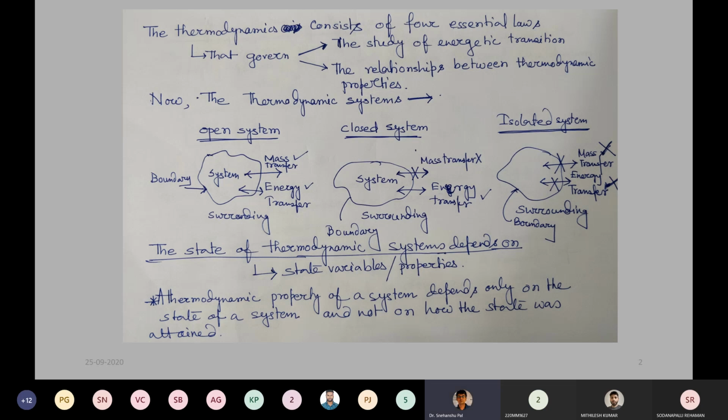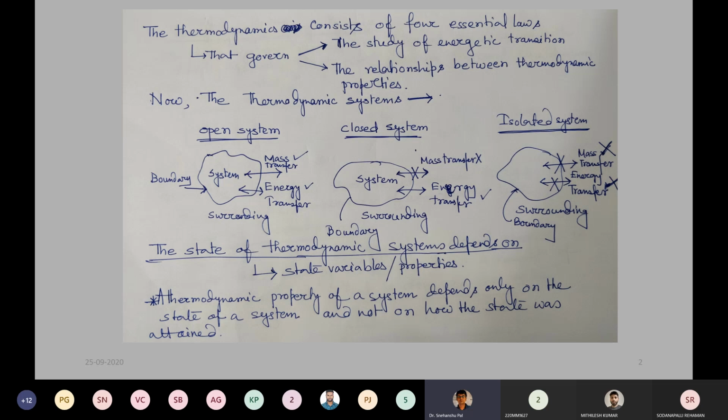And going to the other extreme, if a condition is such that no energy and no matter can be exchanged with the environment or surroundings, then the system is said to be an isolated system. So here no mass, no matter will transfer from the system to its surroundings, and no energy will transfer from the system to the surroundings.